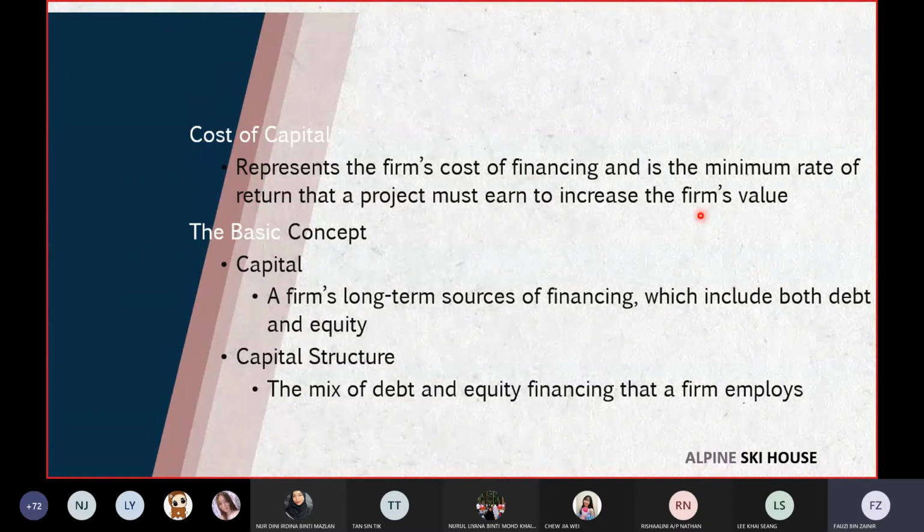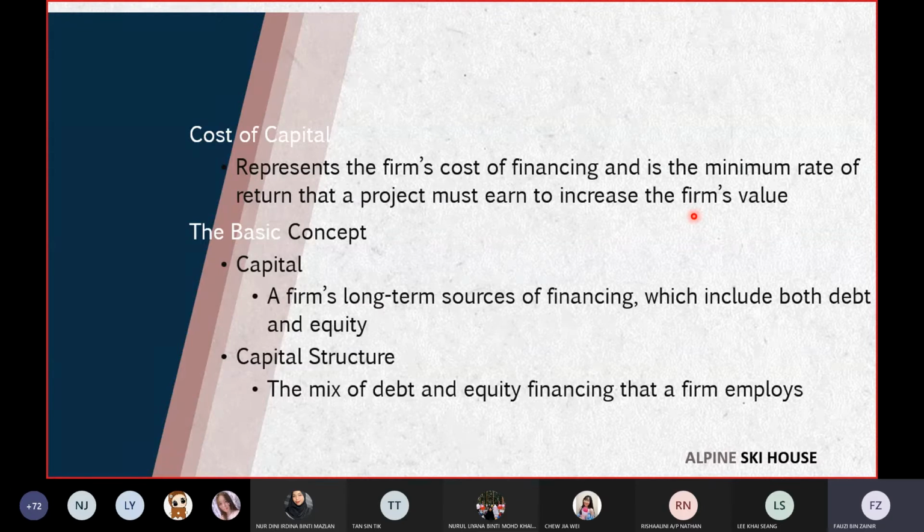That is the lowest return. Once you know the cost of financing available to you, whether 8%, 10%, or 50%, that's your benchmark to evaluate a project. So the project you get into needs to earn a much higher return than the cost of capital that you have.